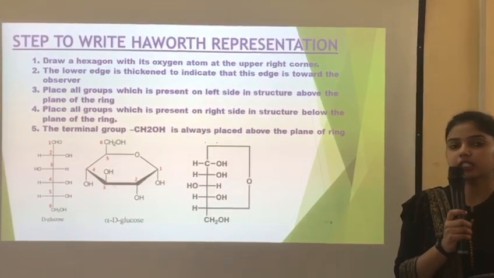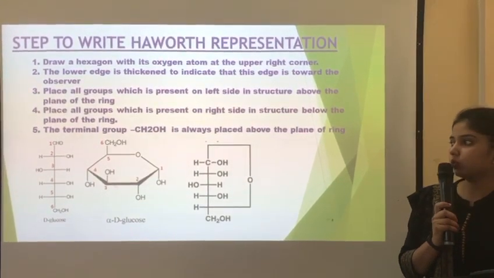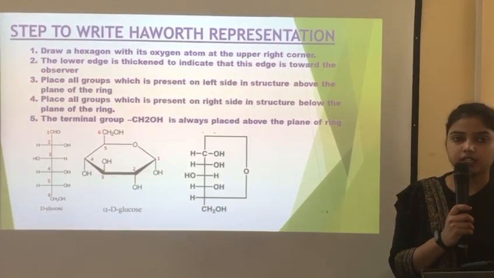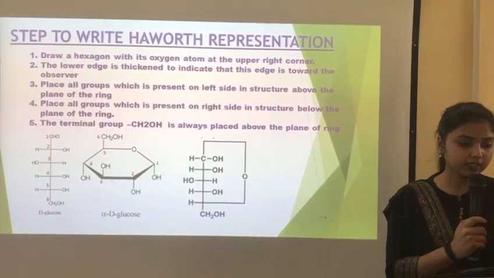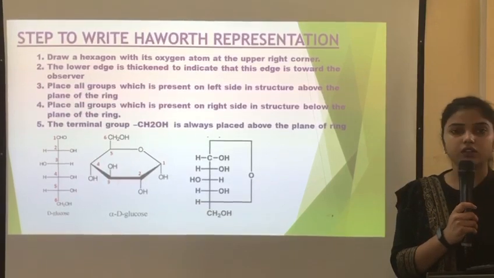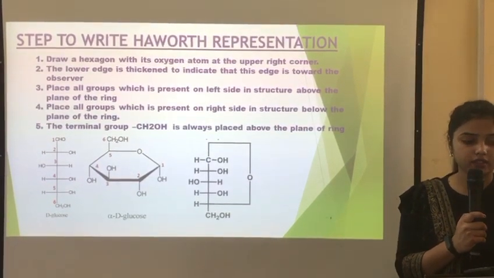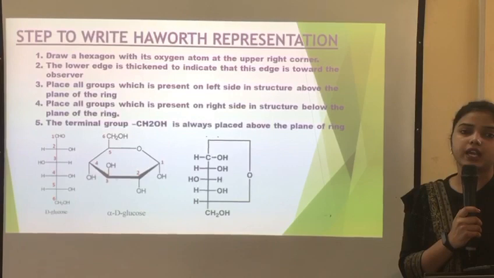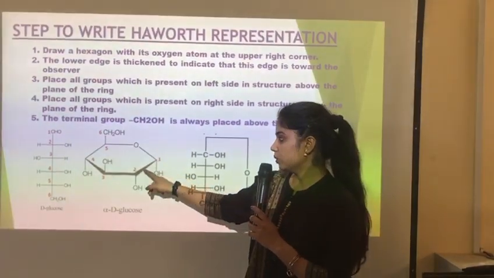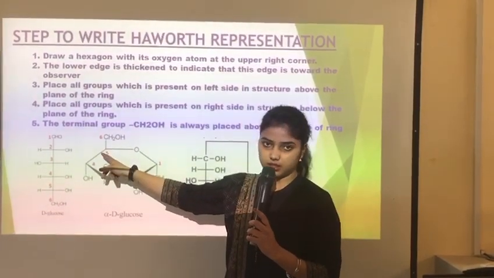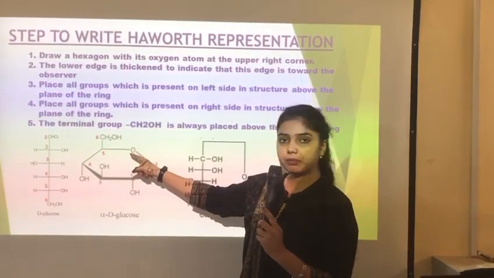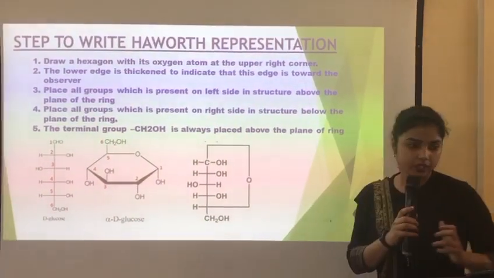Firstly, draw a hexagon: 1, 2, 3, 4, 5, 6. This is the hexagon, and oxygen is placed on the right side.